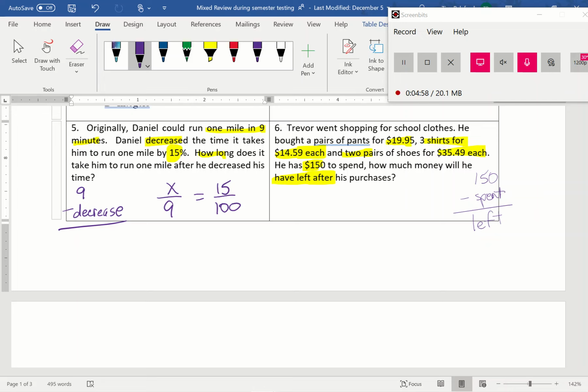Now, to find out how much he spent, you're going to have to add the pants plus the shirts plus the shoes. Pants are $19.95.